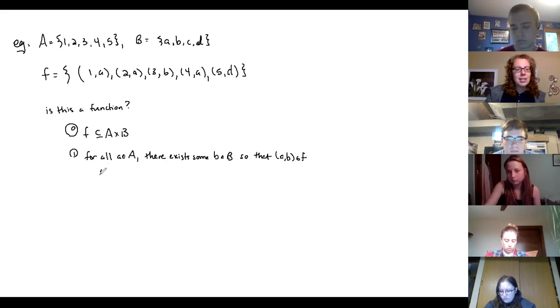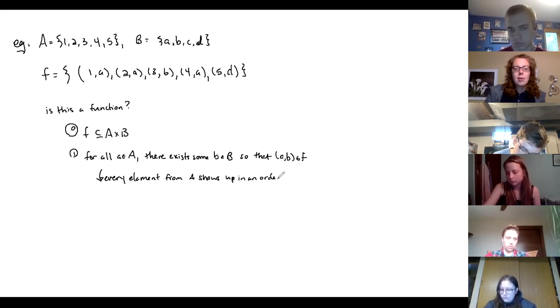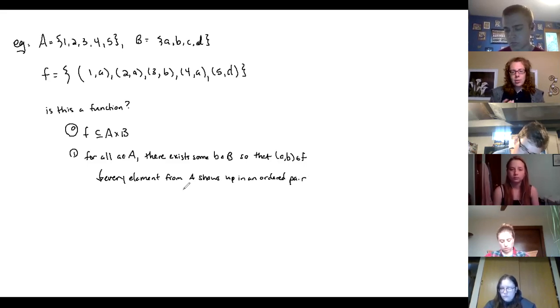That's what this is basically saying. For all, right? That goes with an every. Every element from A shows up in an ordered pair.